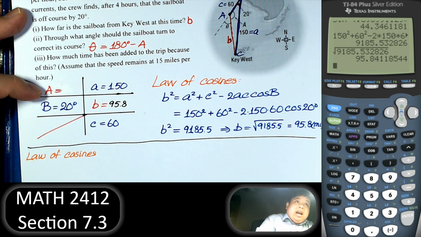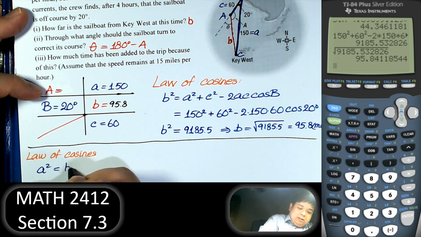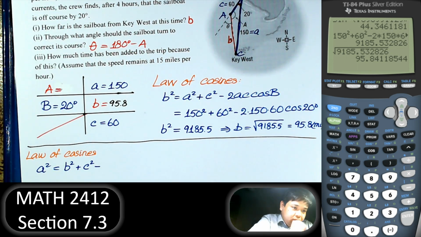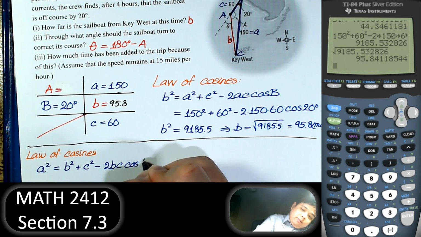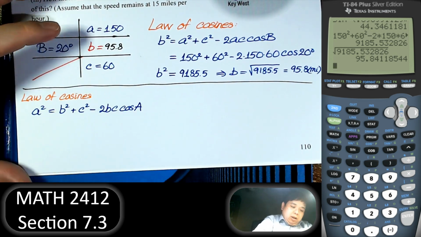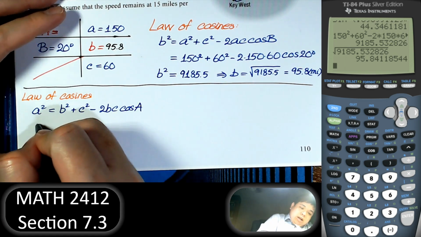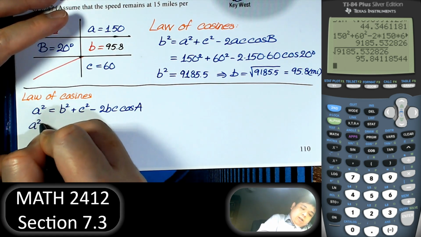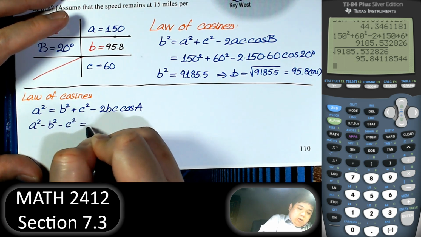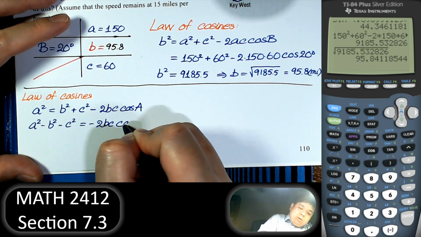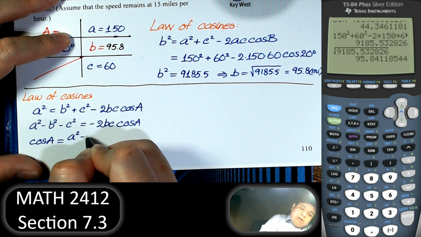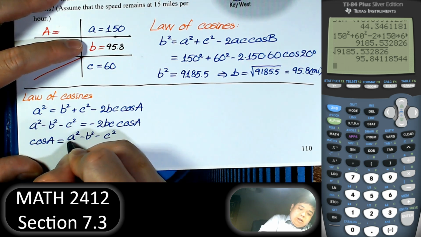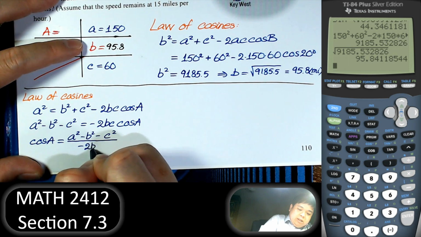So since we find angle A, we start with A. A squared minus B squared minus C squared equals negative 2BC cosine A. So cosine A equals A squared minus B squared minus C squared over negative 2BC.